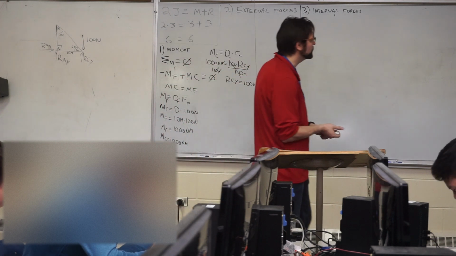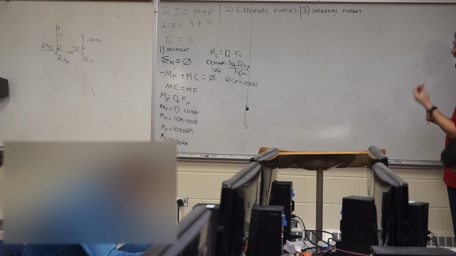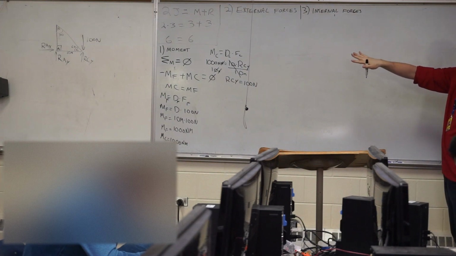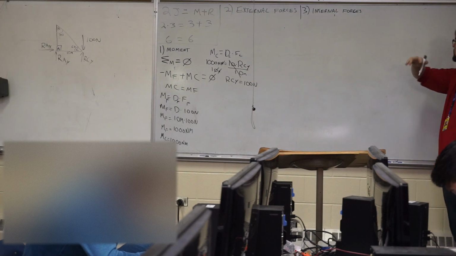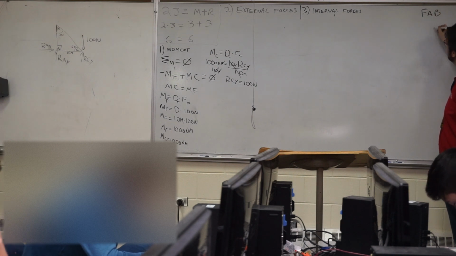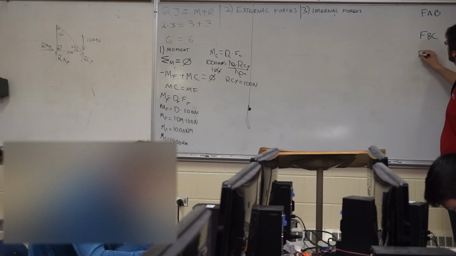I'm going to go ahead and write myself a little scoreboard over here for things I'm going to have to solve. Eventually, I'd like to know how much force is on each member, because that's going to tell me how to build it, right? How strong does it need to be? Does it need to be steel or wood or whatever? So I'm going to say force AB is something I'm going to need to know. Force BC is something I'm going to need to know. Force, what am I forgetting?